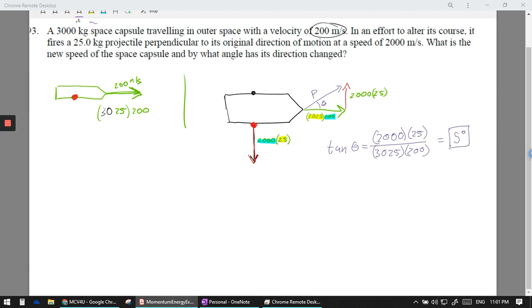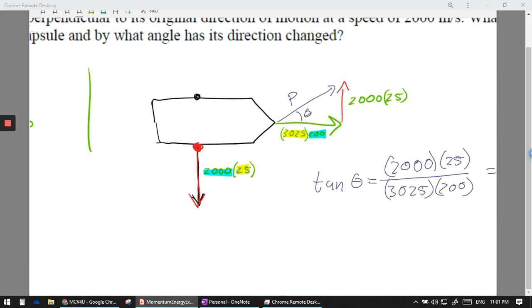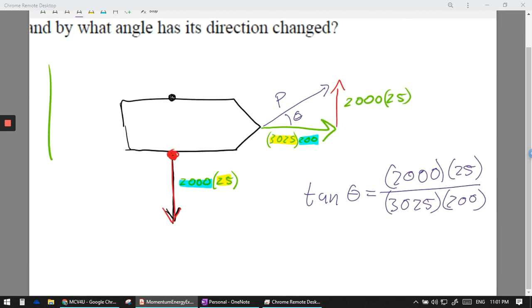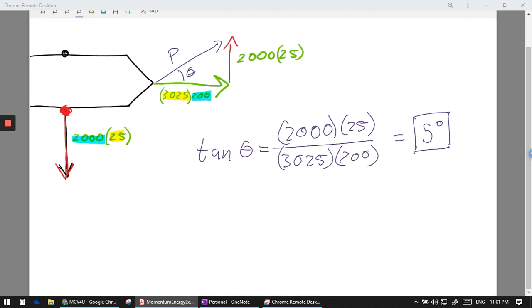Now if we want to know the speed of this thing, we're going to analyze this right triangle again and figure out the magnitude of this momentum. So I'm going to go with the Pythagorean theorem.